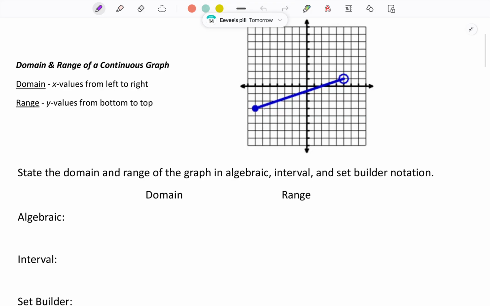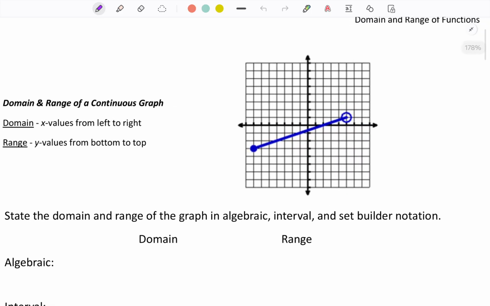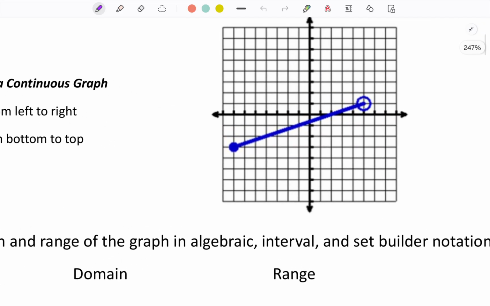So for this particular function, we have to state the domain and the range in all three types of notation. So we're going to take this graph and I'm going to look and see how far I go to the left. And that is 1, 2, 3, 4, 5, 6, 7.